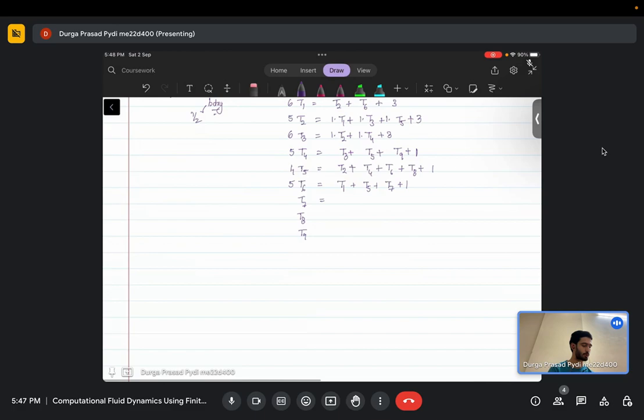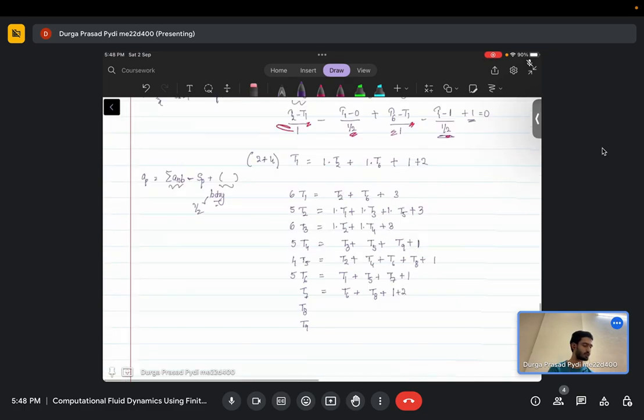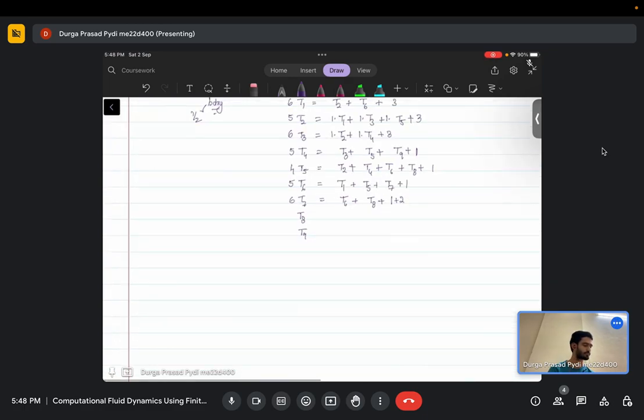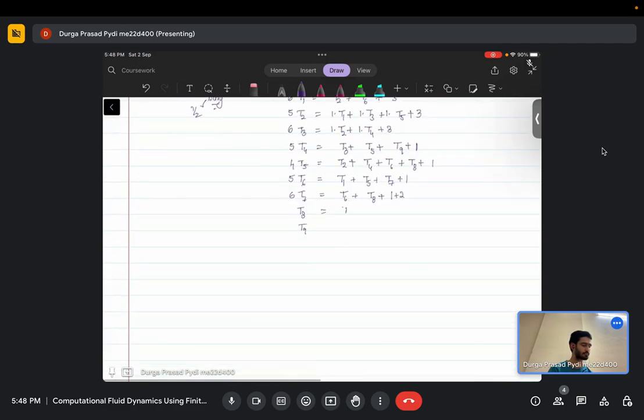So 7 has 2 boundaries, and one of them has a value of 1 on the top. So you have 1 coming from the source term and 2 coming from the boundary term. Similarly, for the 7th cell you have 2 boundaries, one on the west and one on the north, so you have 6 here. So T8 has 3 neighboring cells, 7, 5 and 9.